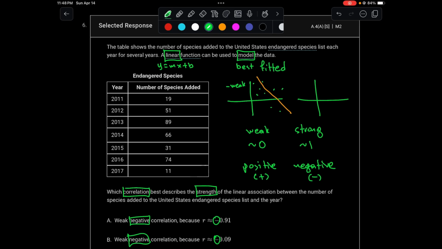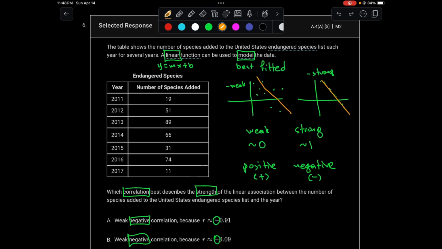Now let's do a negative strong. A negative strong would be very close, follows closely to a line. It tries to align with it. It doesn't succeed 100% exactly, but it's very close. Okay, so that would be a negative strong.